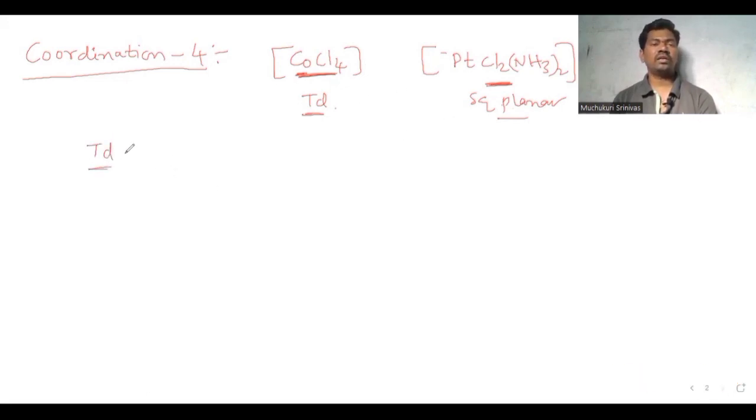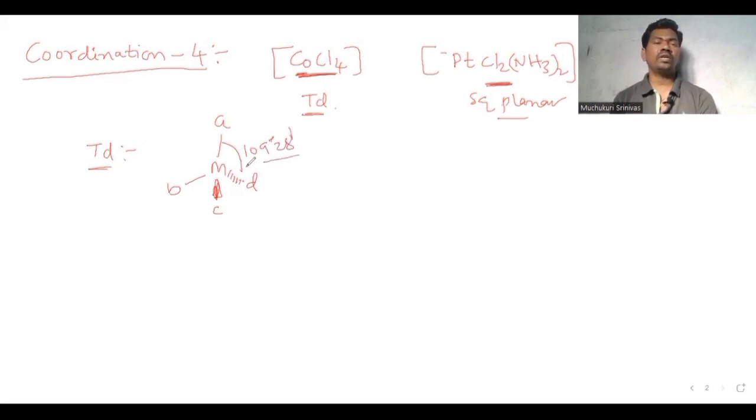Let us discuss tetrahedral geometry. In tetrahedral geometry, the bond angle is generally 109 degrees 28 minutes.